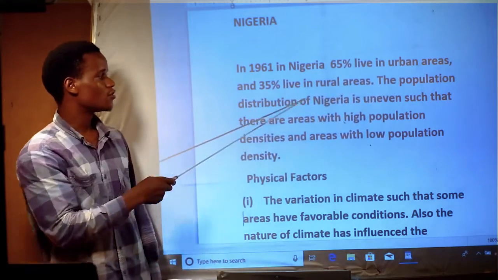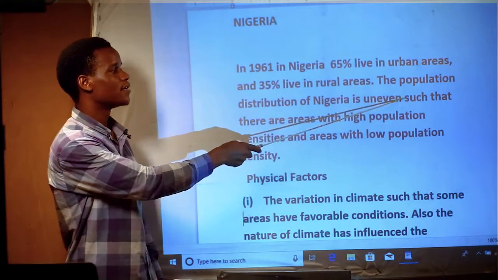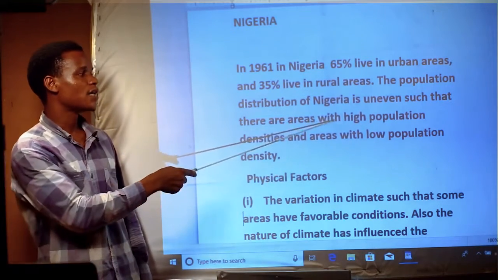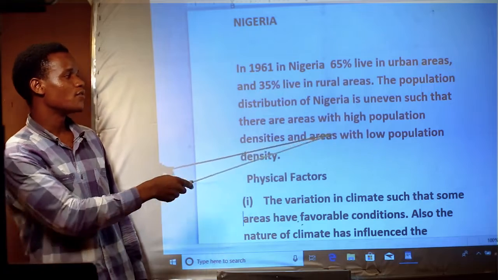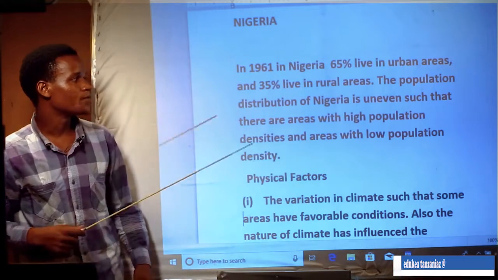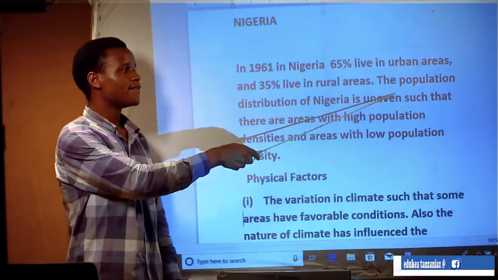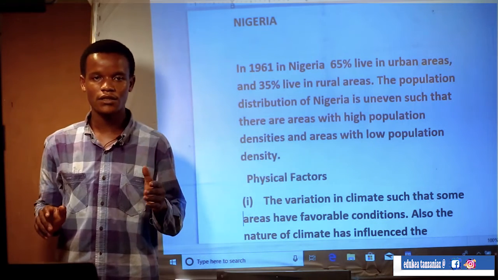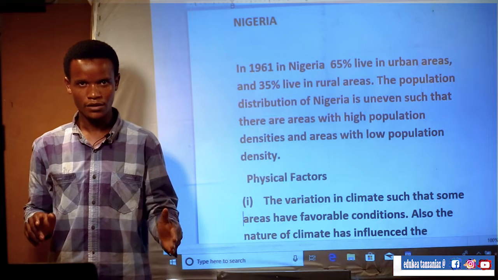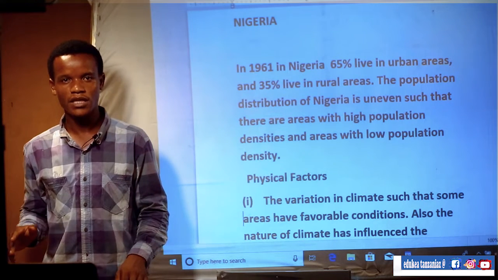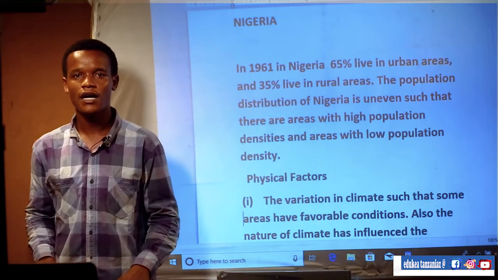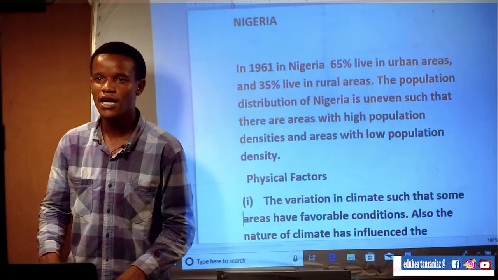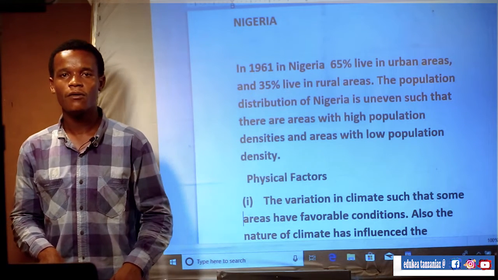The population distribution of Nigeria is uneven, such that there are areas with high population density and areas with low population density. When we say uneven, we mean that there is different population from place to place. That means that there are areas that have high population and other areas that have low population.